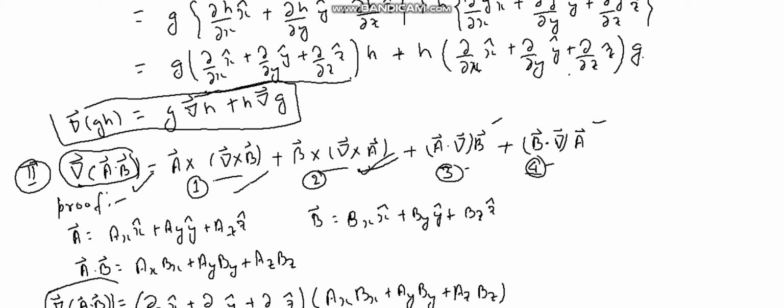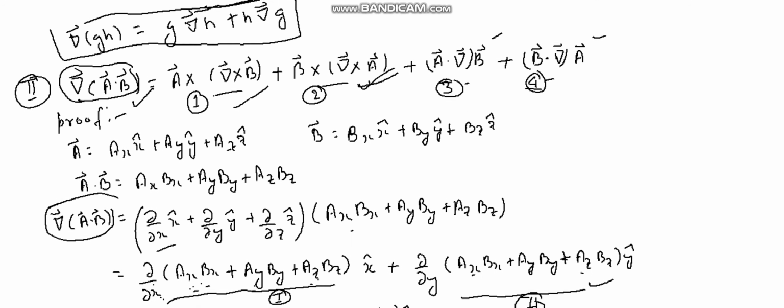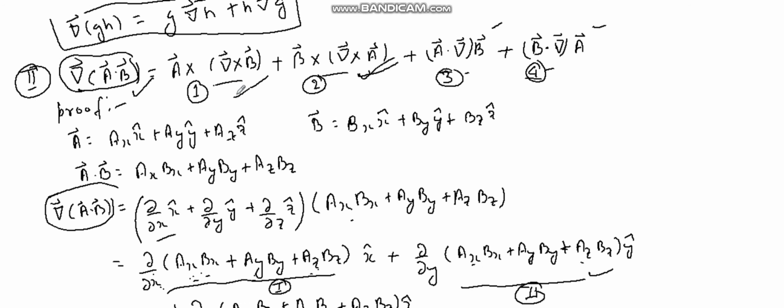Okay, now what I'm going to do is take the first term, second term, third term and fourth term. I am going to expand the third and fourth first of all, and then I will go to the first and second term.